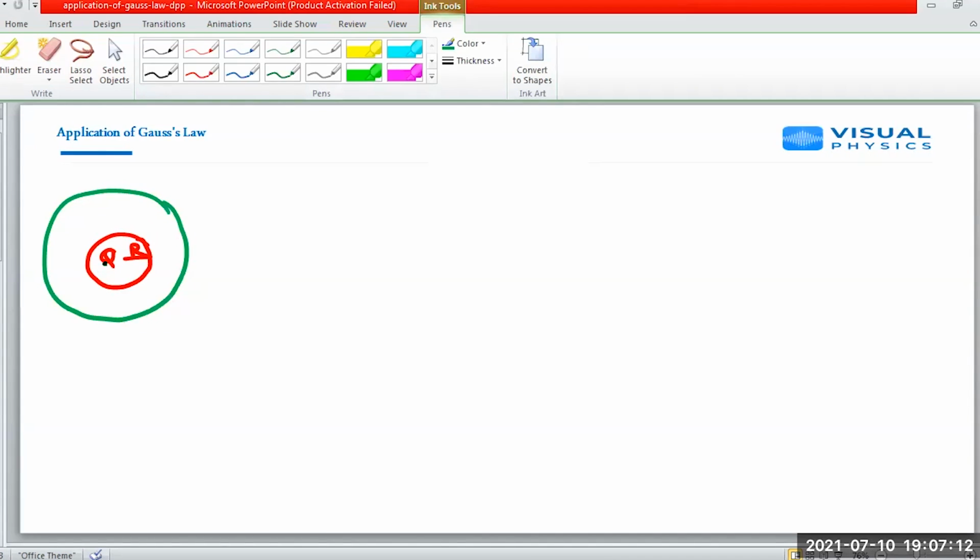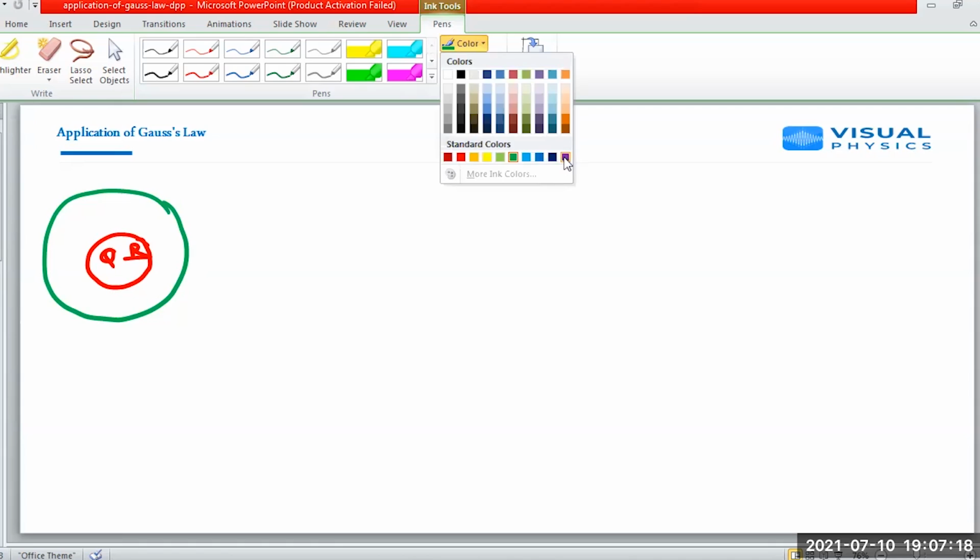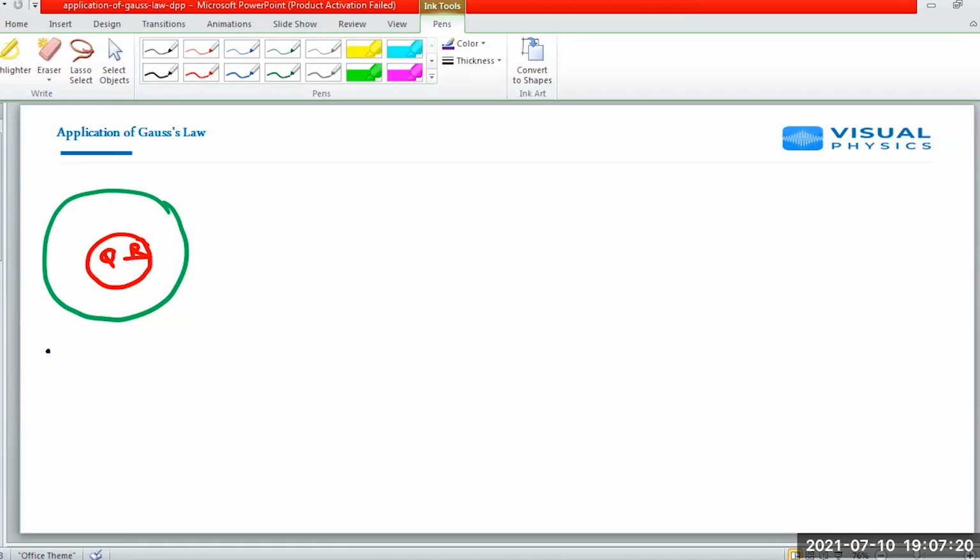Suppose I have to find the electric field outside the ball. Suppose I take a Gaussian surface at a radial distance small r.